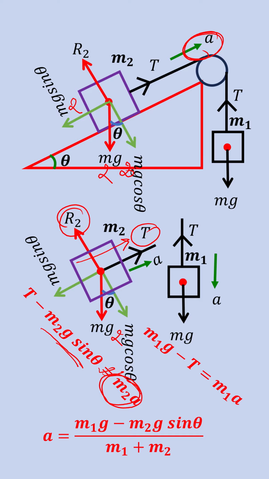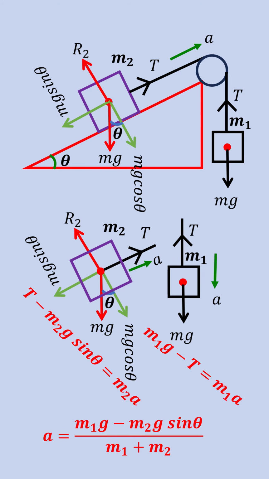And similarly for mass m1, there is no horizontal motion. That's why m1g minus T equals m1a. On solving, we get the value of acceleration simply by adding the two equations.